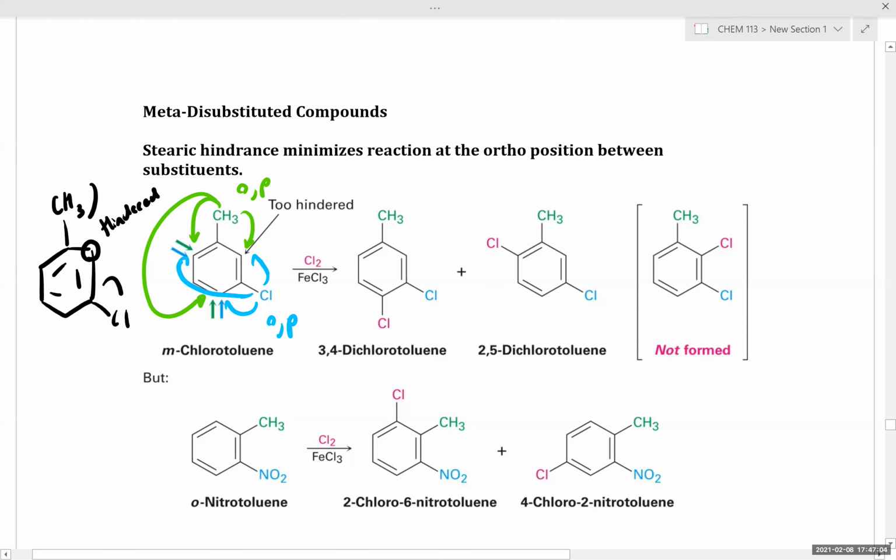As a result, it's very difficult for you to see reaction and installation of your functional group ortho to both of your substituents. You will overwhelmingly see reaction primarily para to one of your two substituents. You will never see installation of your functional group typically between your two substituents.